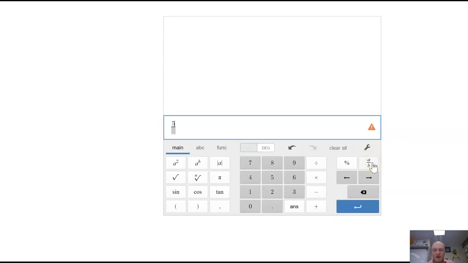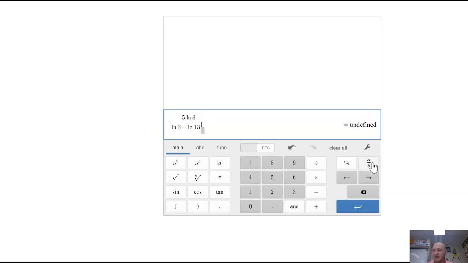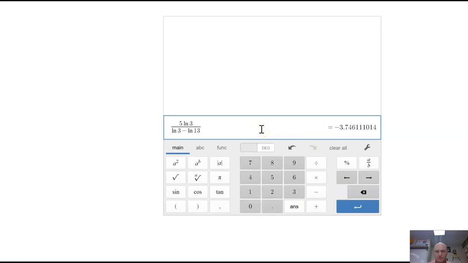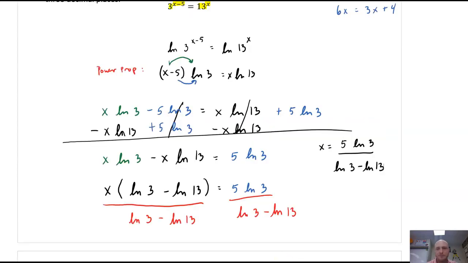So that was 5 natural log of 3 divided by natural log of 3 minus natural log of 13. And we get negative 3.746. Oh, negative 3.746. Okay, 3 decimal places.